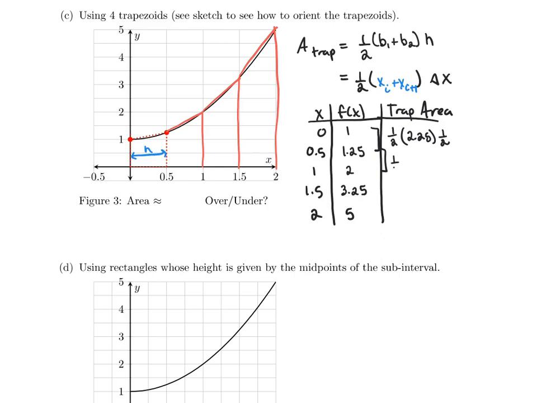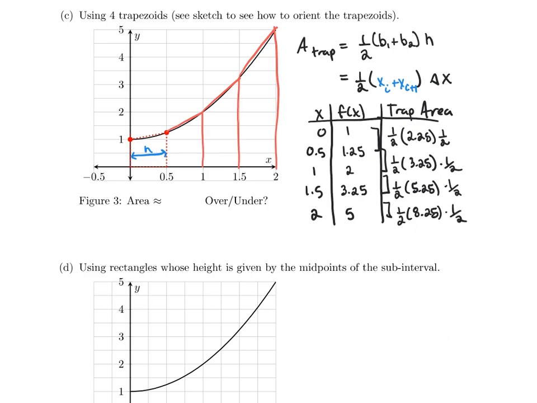The next one, I'm going to do 1/2 of 3.25, the sum of the bases times the height, which is 1/2, and then 1/2 of 5.25, and then we're going to do 1/2 of 8.25.